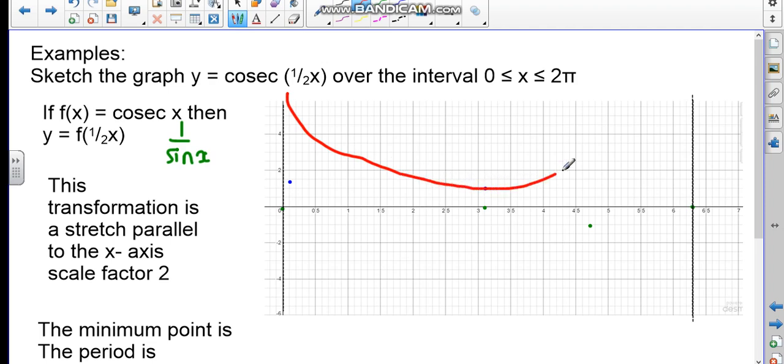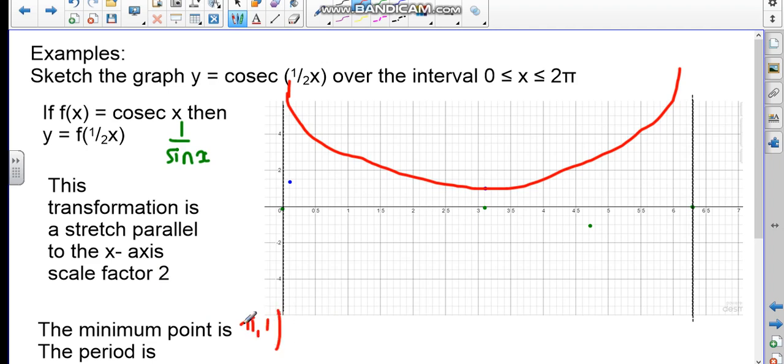That's our minimum point, and then we scoot back up to this asymptote. For the domain we were given, 0 to 2 pi, this is all I have to draw, because we were stretched by scale factor 2. There's only one minimum point, and it's 1, and it occurs at pi, so it's pi, 1.